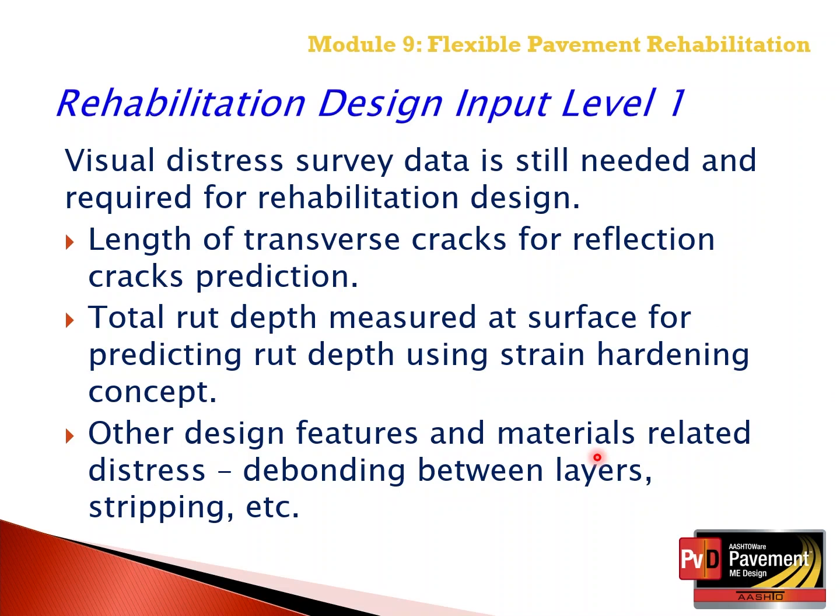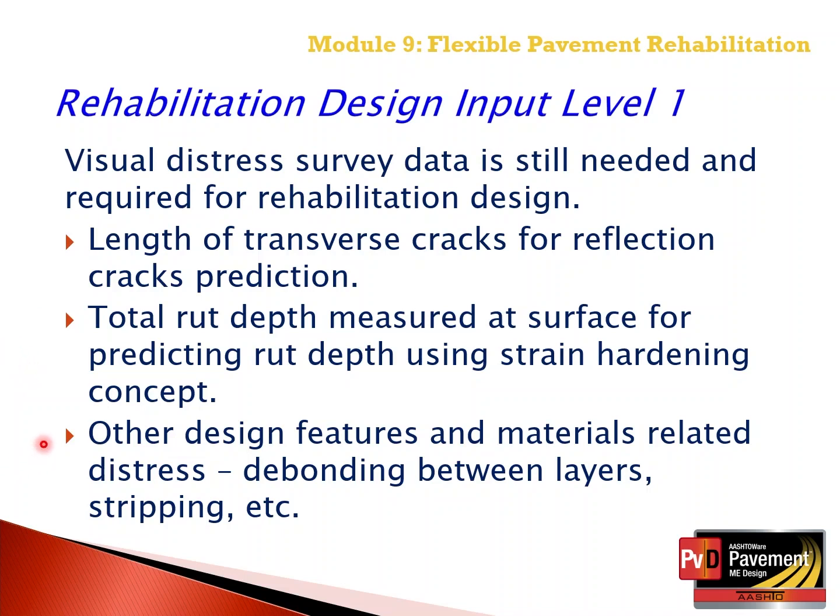So the visual distress data is still needed and required for rehabilitation input level 1. Basically, the length of transverse cracks is used for reflection crack prediction of transverse cracks. The total rut depth is measured at the surface for predicting rut depths, again, using the strain hardening concept that we previously discussed.